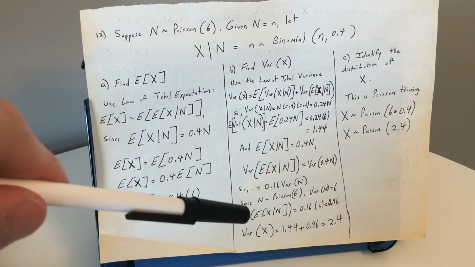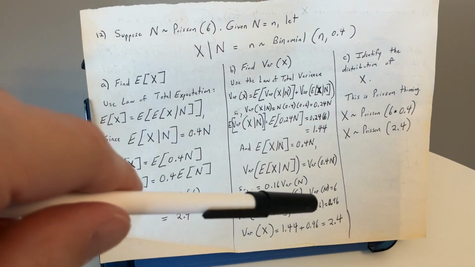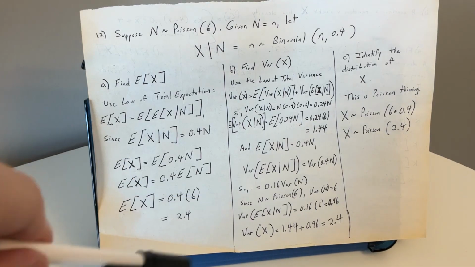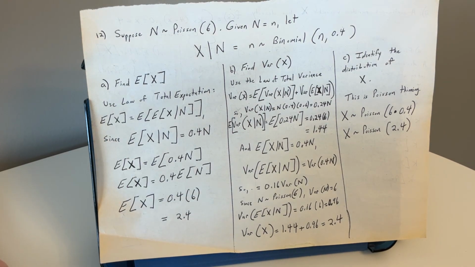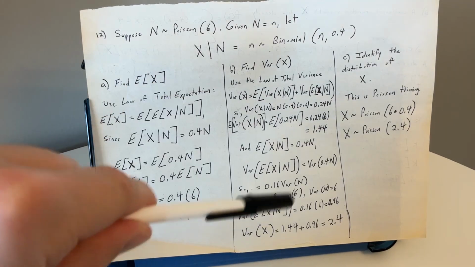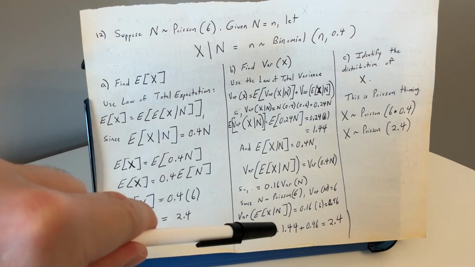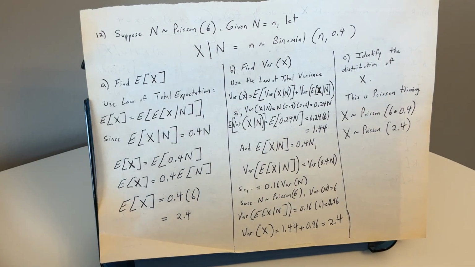So the variance of the expected value of X given N is 0.16 times 6, which gives you 0.96. So to get the variance of X, we take that 1.44 and add it to 0.96, and we get 2.4. Okay? So that's part B.